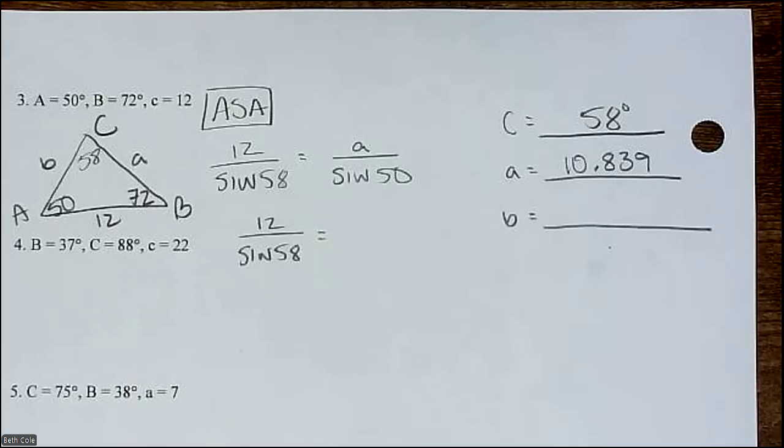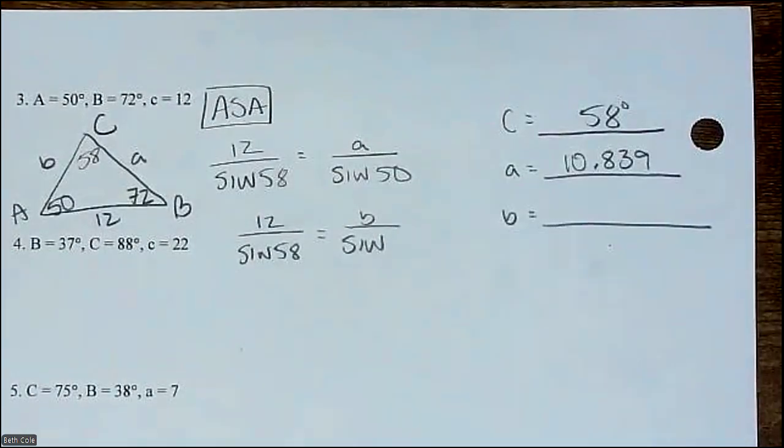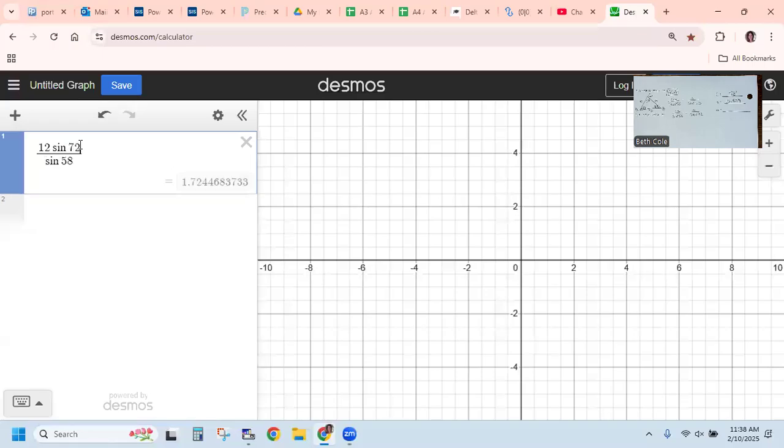That's the point of that. All right, and then the last one, it'll be b over sine of whatever b is, which is 72. And so I'm just going to go back and change the 50 to a 72. And I should get a larger number, which I did. 0.457. I'm going to not do 4 and 5 if you guys feel like you got it. Is that good? Okay, sweet.